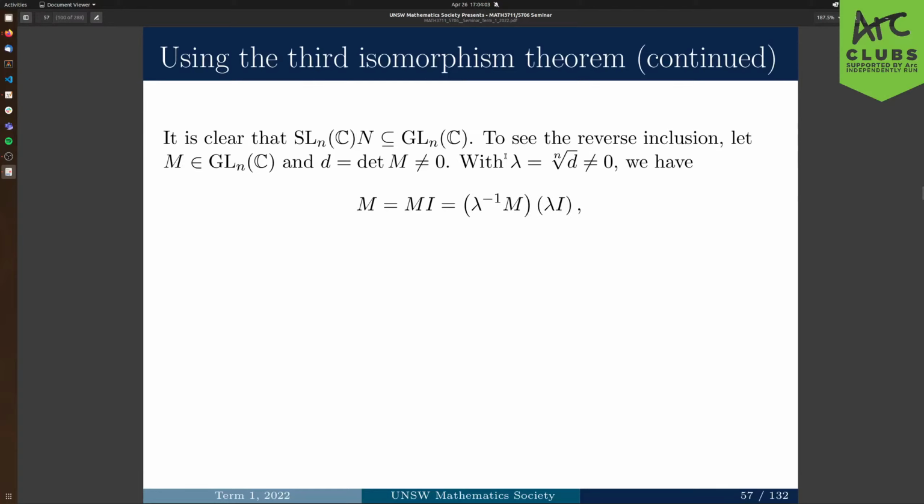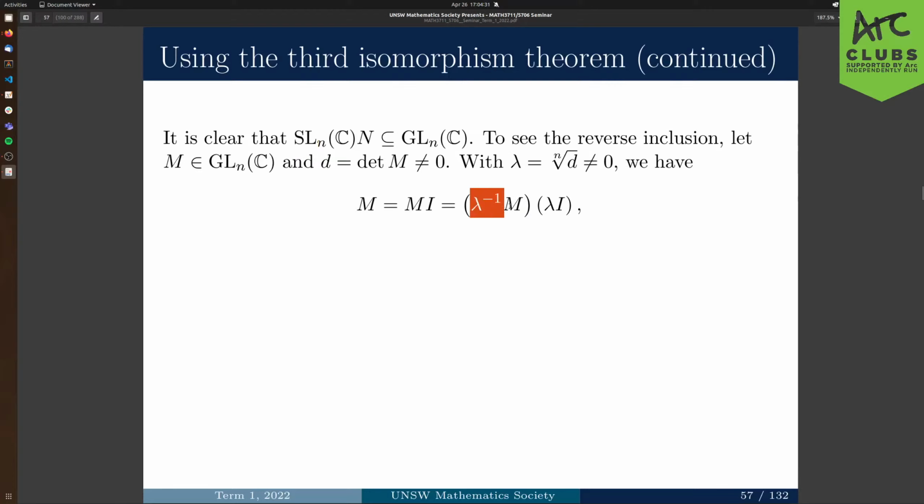I can now tease out a factor of lambda by saying that 1 is just lambda inverse times lambda, and since these are constants, they associate with this product. So lambda inverse M times lambda I is just the same thing as M. This lambda I is the matrix that belongs to N, and the other one would be the thing that belongs in SL.